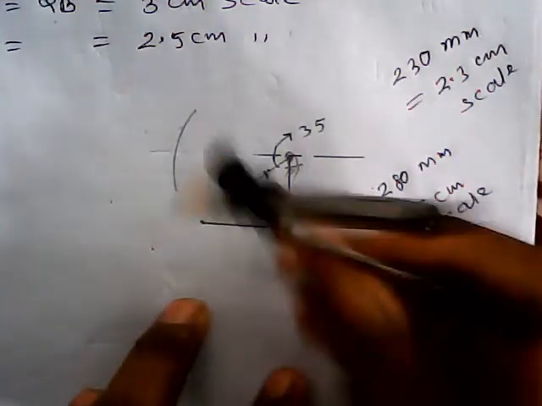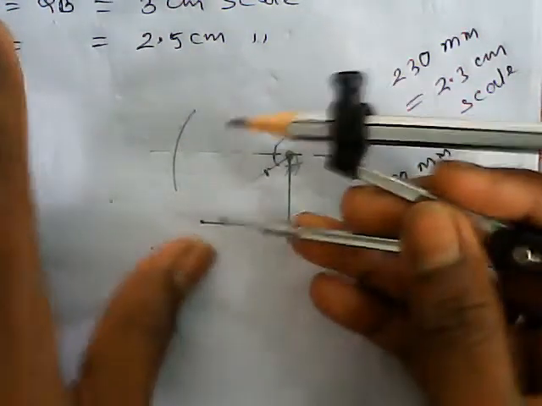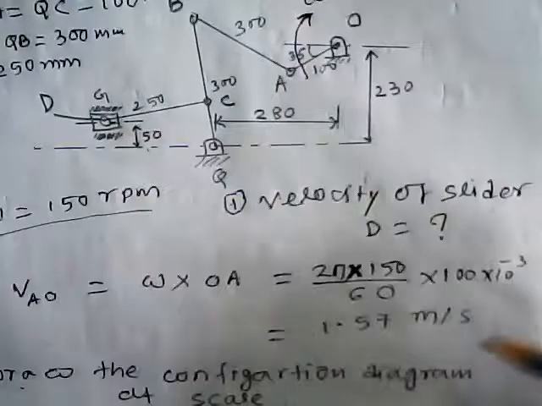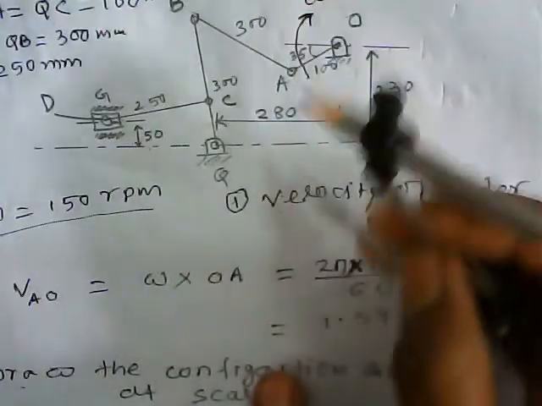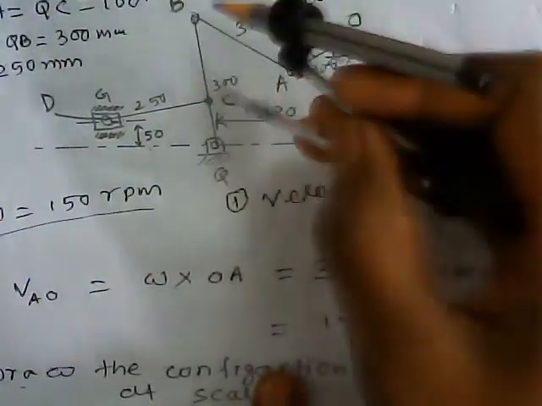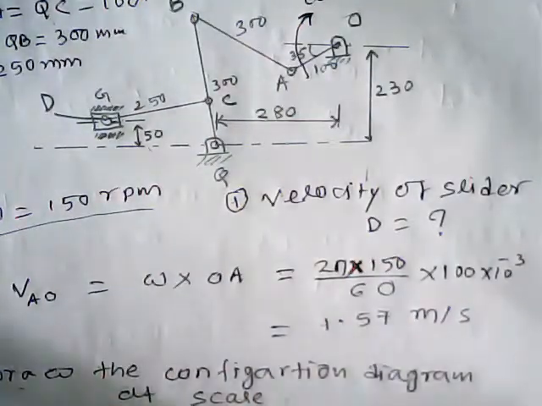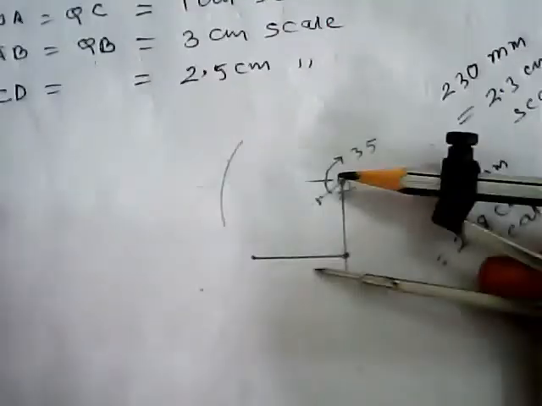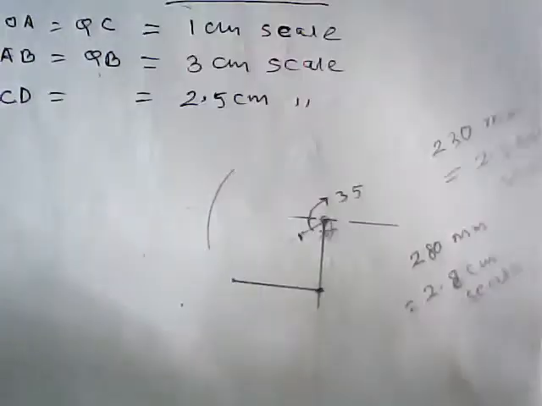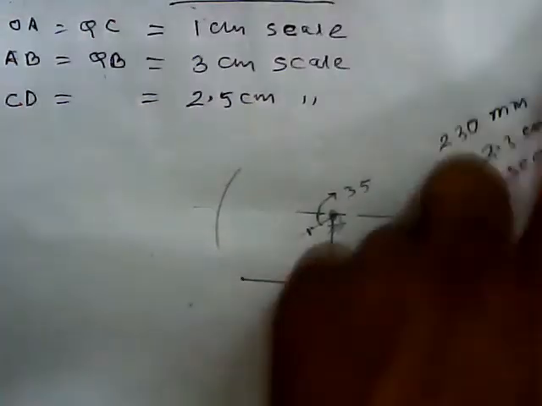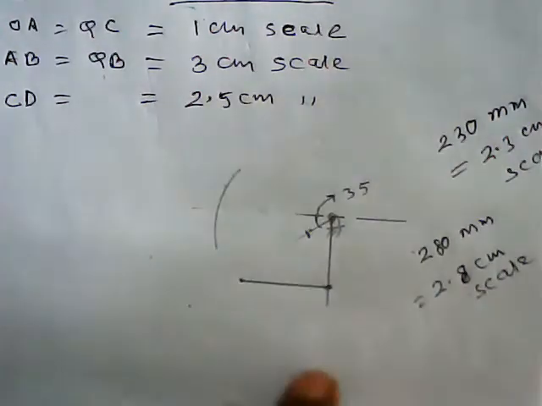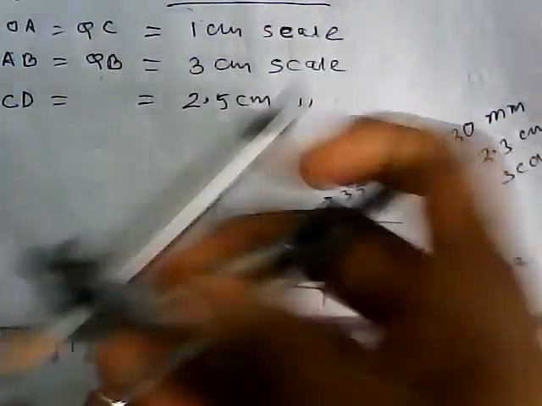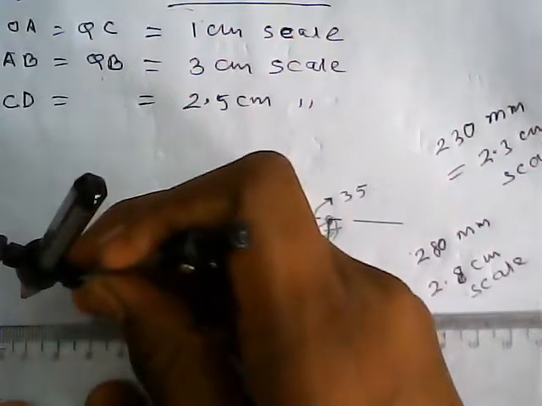That is the point Q. From point Q, 300 millimeter which intersects at B. So 3 centimeter scale, draw an arc from the point Q. Three centimeter scale.